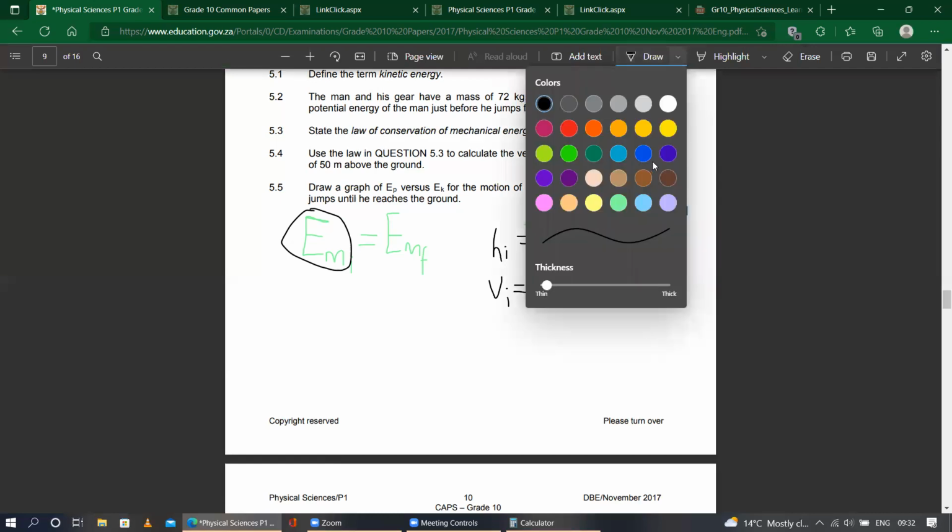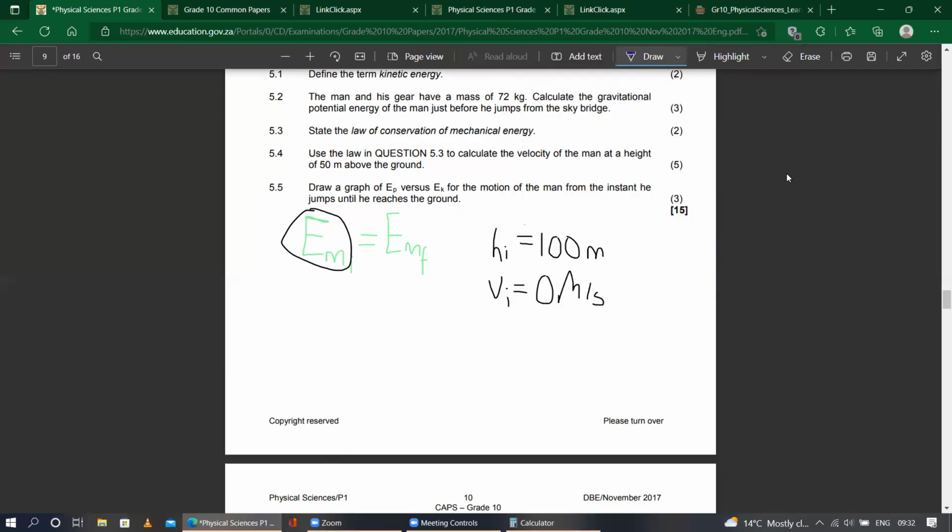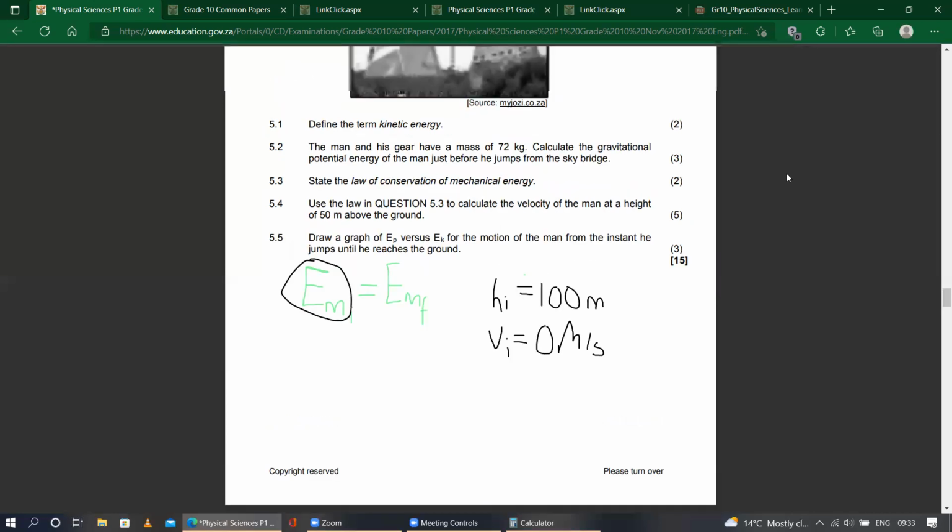Just tell me if you get lost. So before 5.4, you first write all the variables down, then you use the formula. I don't know what formula to use for this.